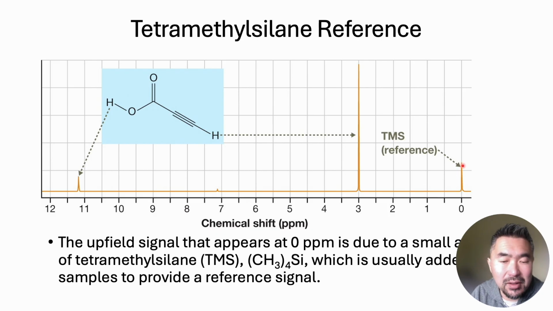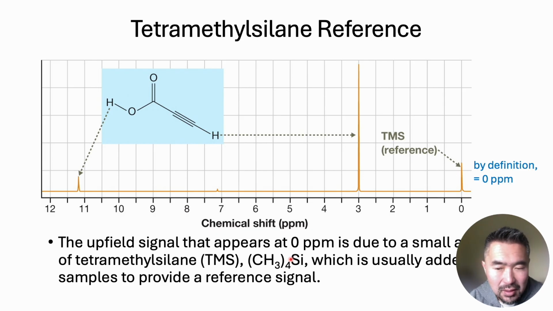This is a high field area where the proton is very much shielded. To set that reference, it's nice to have something that's as shielded as possible, and that would be tetramethylsilane, which is very electron rich. It's these methyl groups attached to a metalloid element, which likes to donate its electrons, not take. And so by definition the chemical shift of tetramethylsilane is set as 0 ppm.